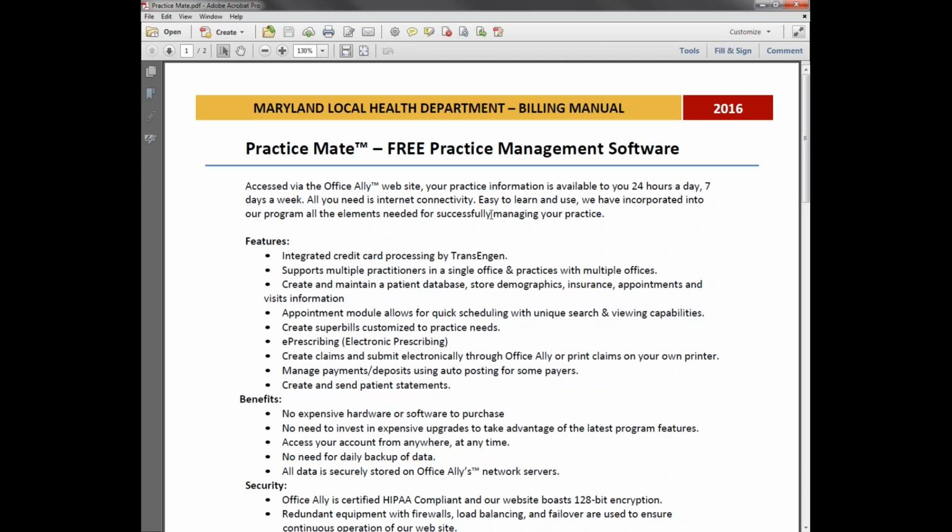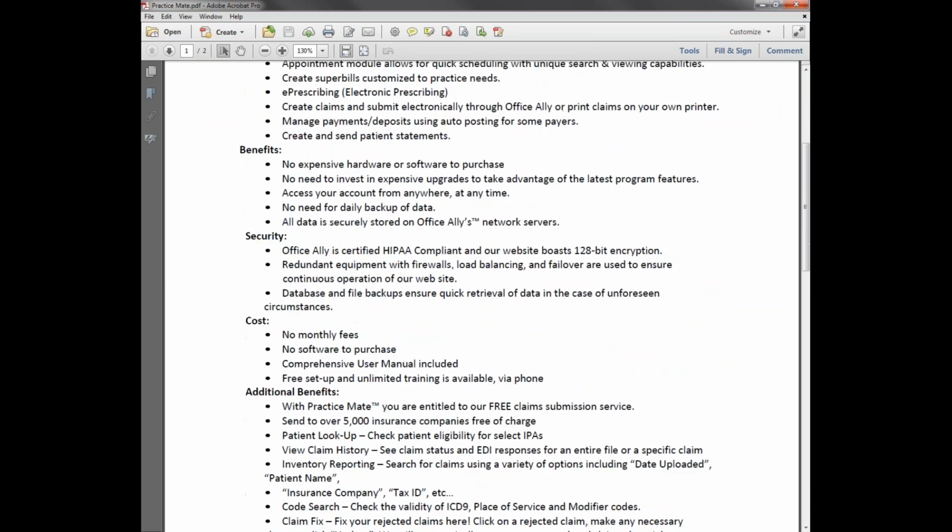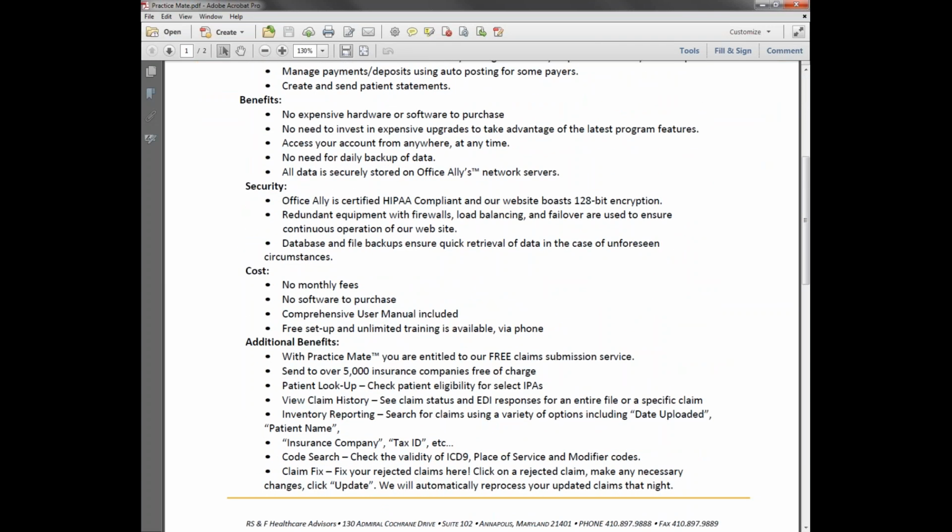Office Ally is certified HIPAA compliant, which is very important. The cost: there are no monthly fees. There's no software to purchase. It's free setup and unlimited training via a phone support team.